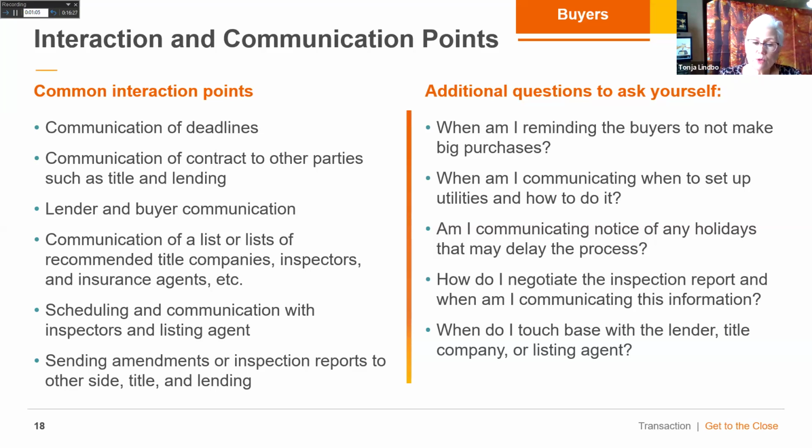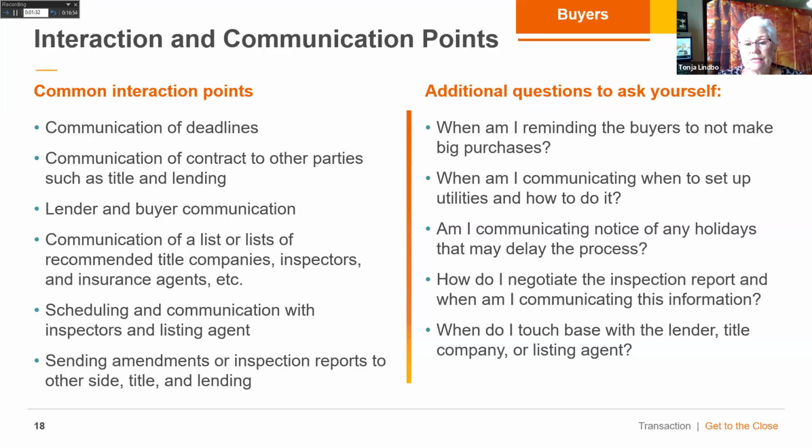And if you can't afford the homeowners insurance, because it goes into your monthly payment, it will knock you out. So yes, an insurance agent is very important to be able to close. So scheduling and communication with inspectors and listing agents, and then sending amendments or inspection reports to the other side, title and lending.